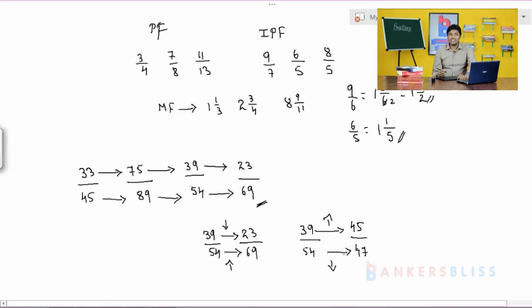If this is the case, then the resultant fraction value is higher than the previous one or the original one. Okay, so 45 by 47 is more than 39 by 54. So this is the highest one.